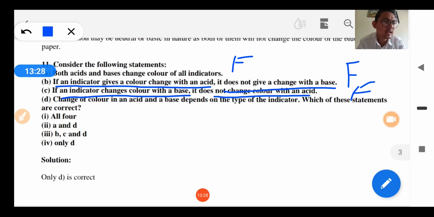Say for example China rose, it gives dark pink or red color in acidic solution and it gives green color in basic solution. Okay, so similarly there is one indicator named methyl orange, which gives red or orange color in acidic solution, and it gives yellow color in basic solution. So we cannot say the point number B and C to be correct.